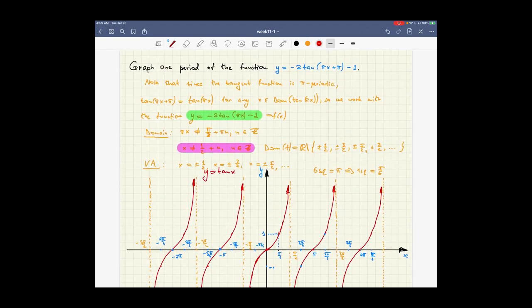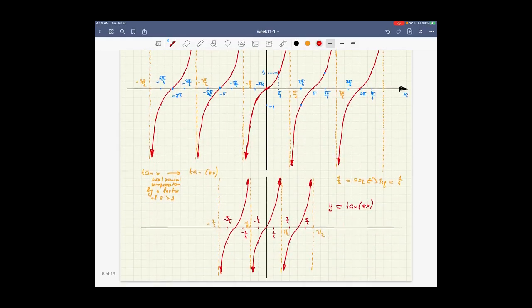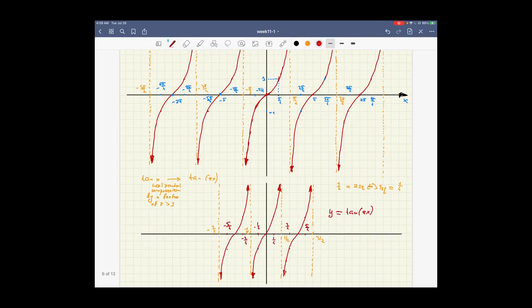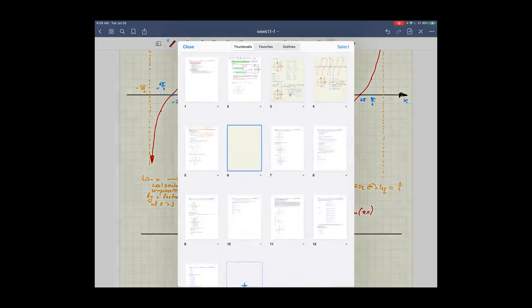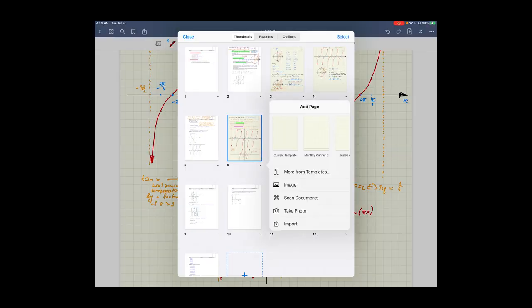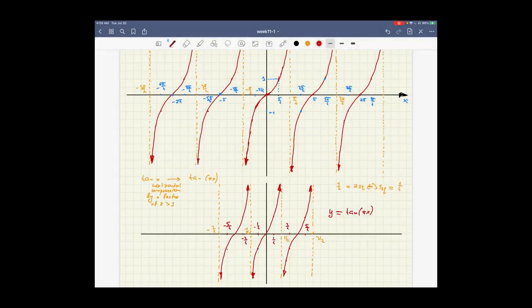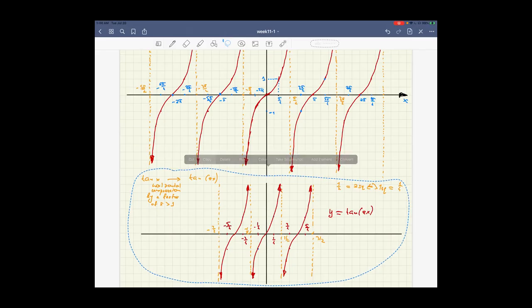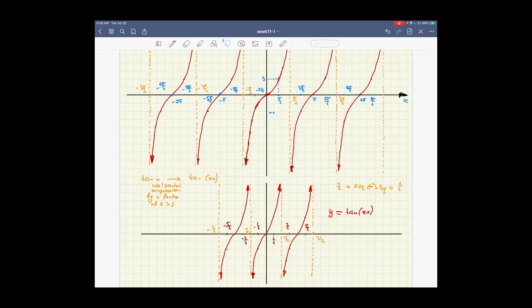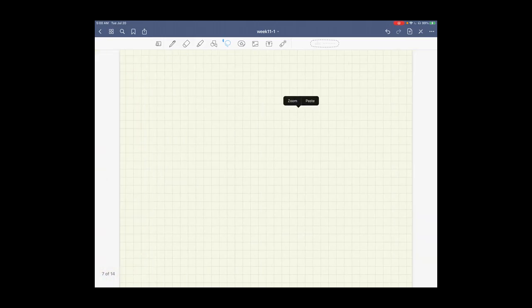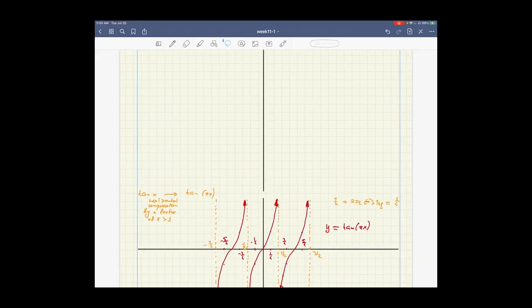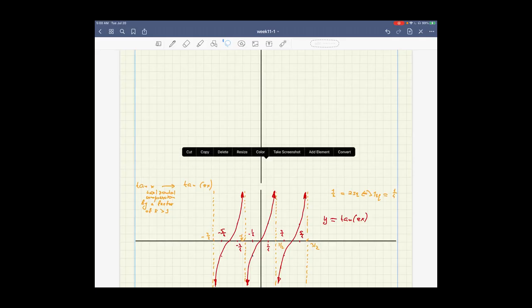So from now on, we will not be changing the horizontal scale. So I can add a page and copy paste that picture onto the next page. Okay.